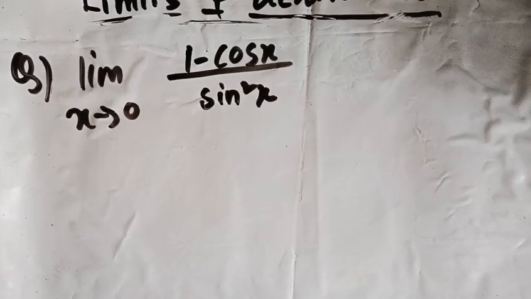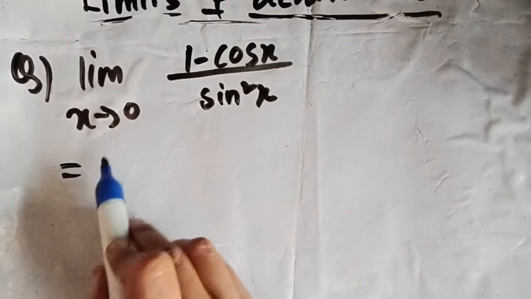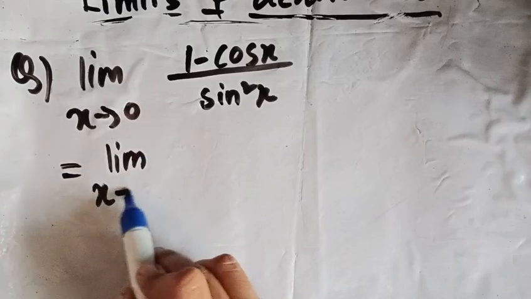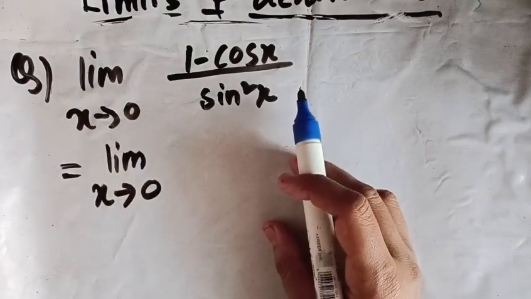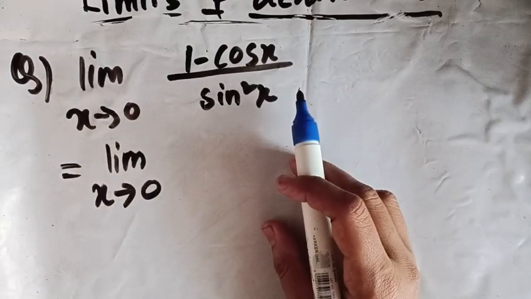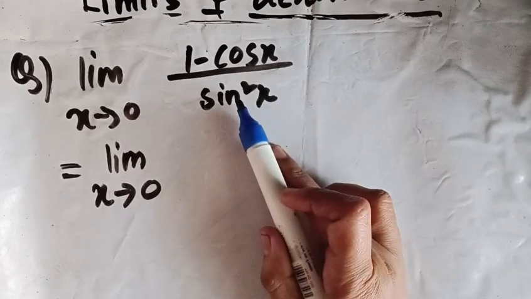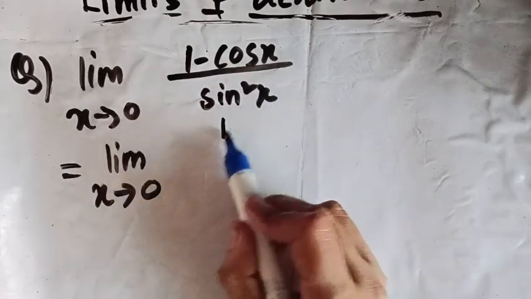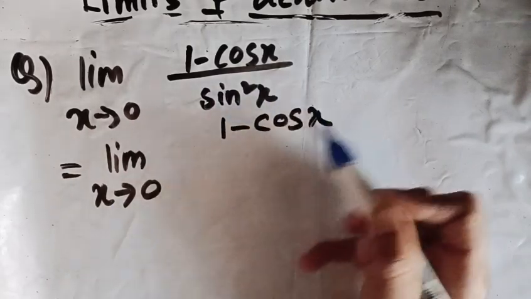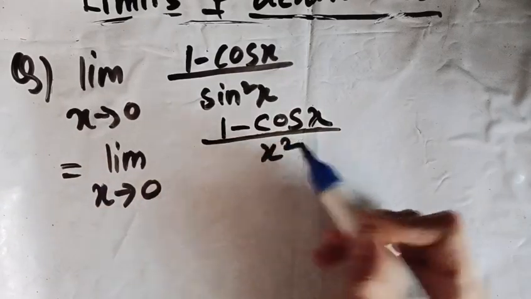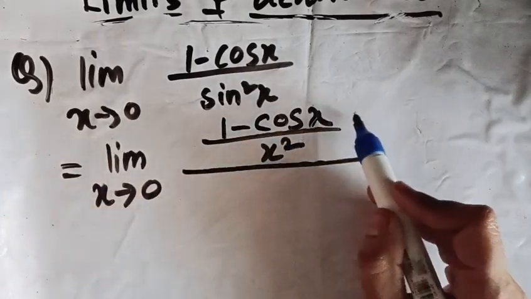Next question, 1 minus cos x upon sin square x. Now here I'll divide 1 minus cos x by x square and multiply by x square.